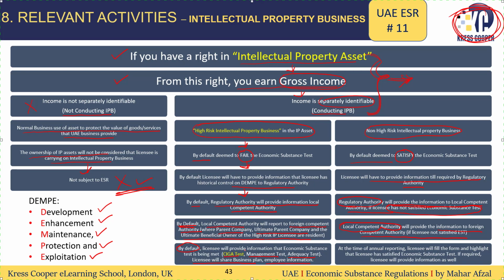All this information will be provided by the licensee by default to the regulatory authority. In the case of non-high risk intellectual property business, the licensee will provide all this information if required by the regulatory authority.